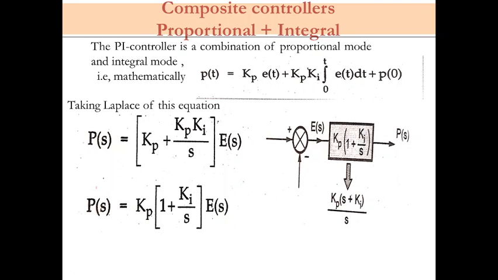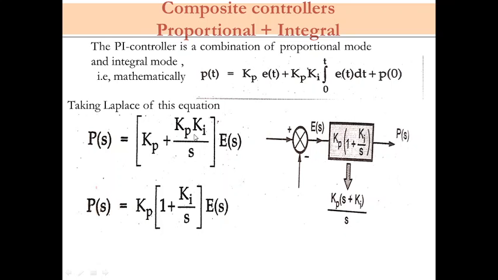When you take the Laplace transform of this equation, it becomes P of s equal to Kp plus Kp into Ki divided by s, into E of s. E of t is common in both the terms, so I have taken it as common, and Kp is a constant, so for that the Laplace transform will be Kp.